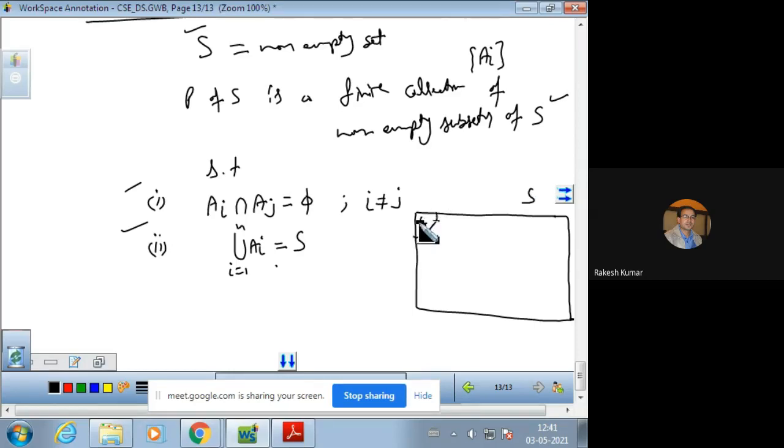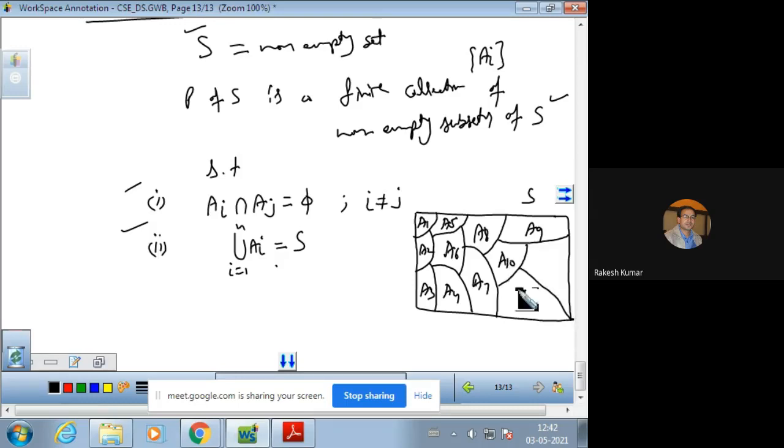Suppose this is partitioned into A1, A2, A3, A4, A5, A6, A7, A8, A9, A10, A11, and A12.